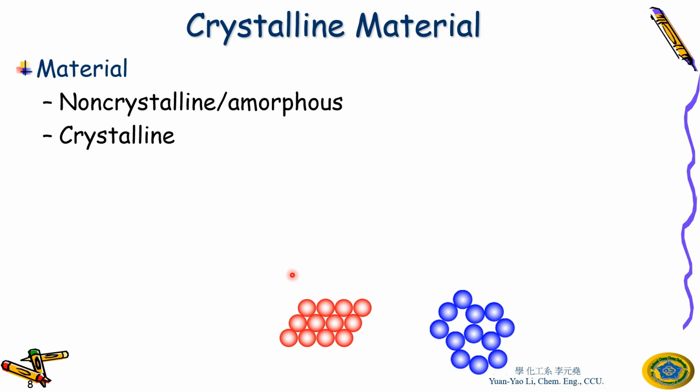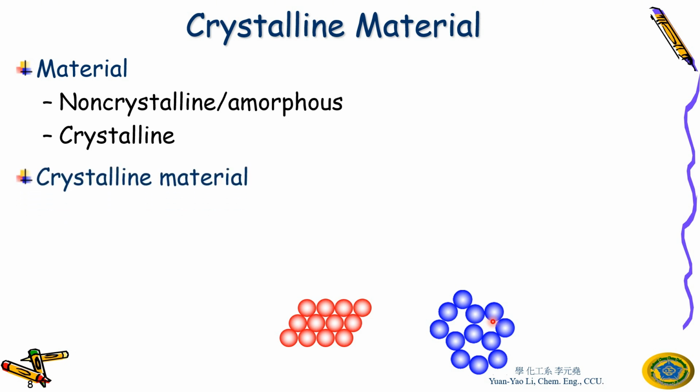This is the crystal structure. This is a non-crystal structure. Why? Because this packs very well in order. This doesn't pack well, and there's some space between the atoms. So you cannot find an order to define this as a crystal structure.